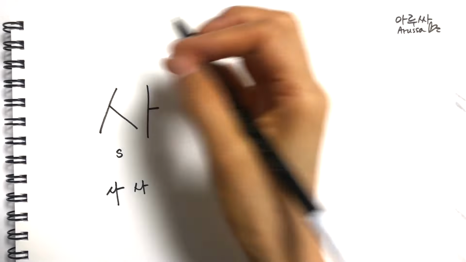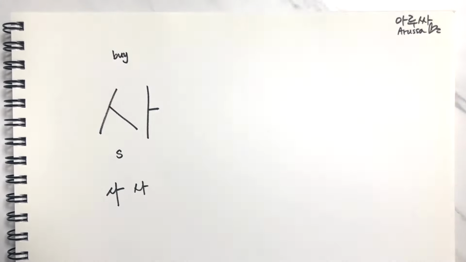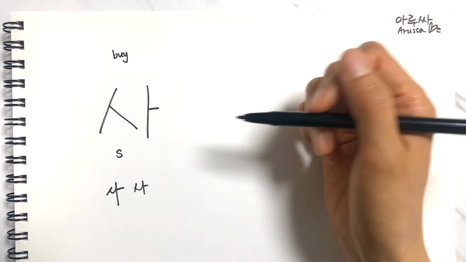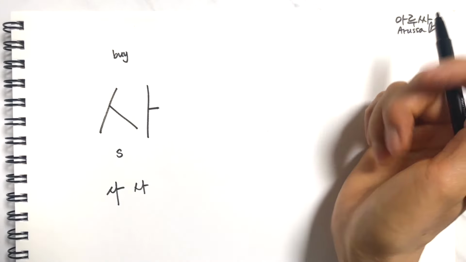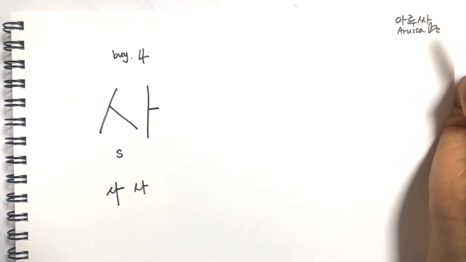Get it. 사. Buy or get. Hey, I really want to get cool shoes. And then you say 사, which means get it, buy it. 사. And Korean number 4. Number 4 in Korean, 사.